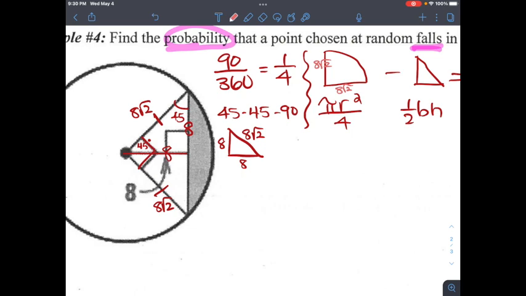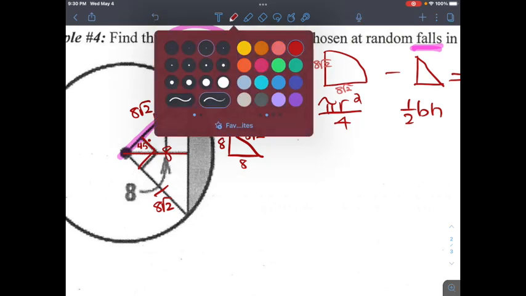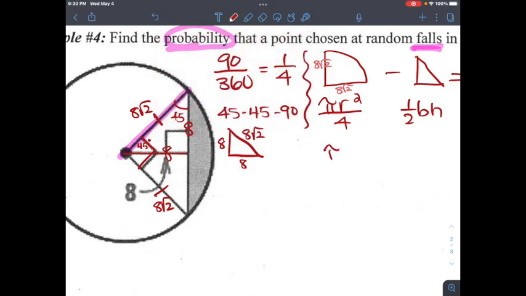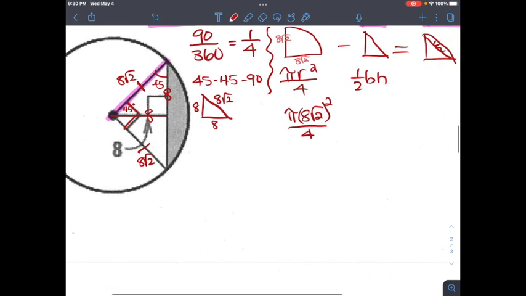So now what you have is the radius that is from here to here. That's on the circle from the center. So that's going to be the radius. So let's do that for the radius. So that's going to be pi r squared, which is pi times 8 root 2 squared, over 4. Now, don't panic. I will break down all the steps for you.